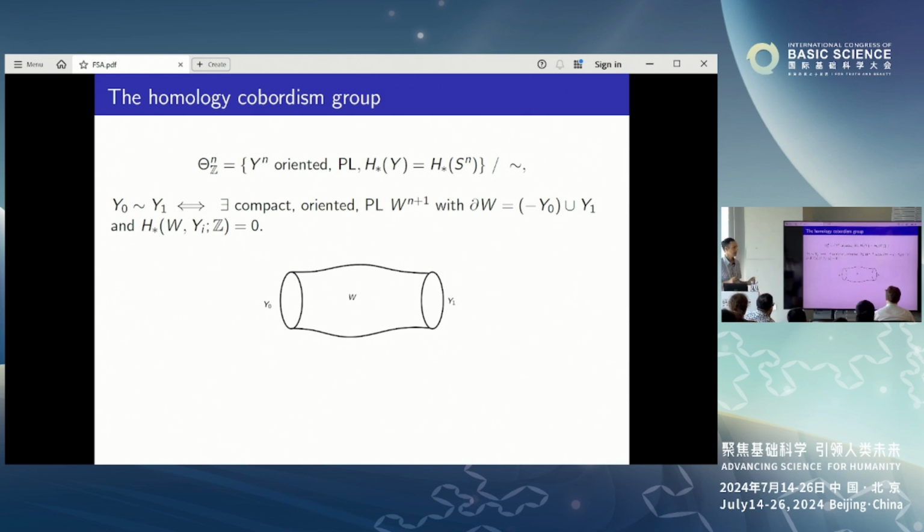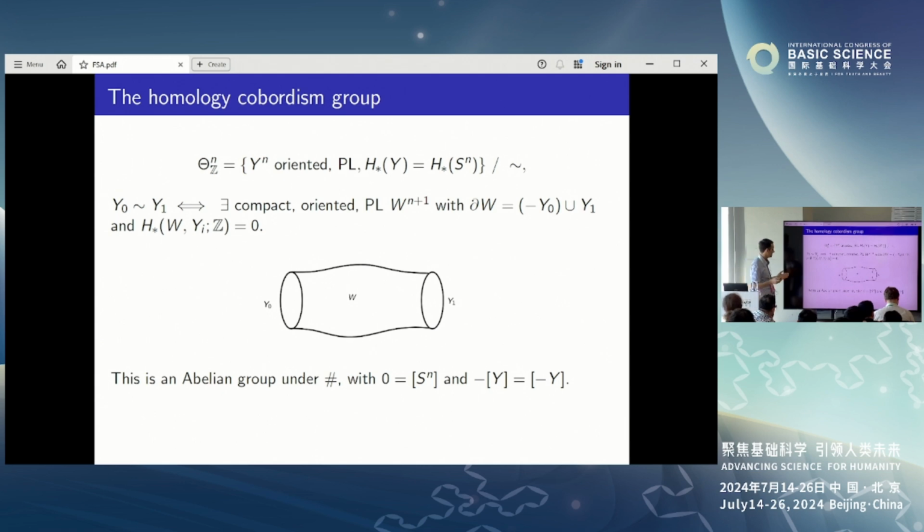So homologically, it looks like a cylinder, and the boundaries look homologically like spheres. Okay, so you can look at all homology spheres divided by this equivalence relation. Okay, this is an abelian group. The addition is connected sum.